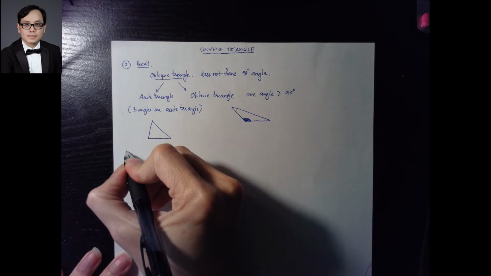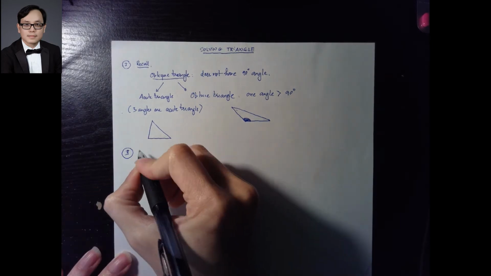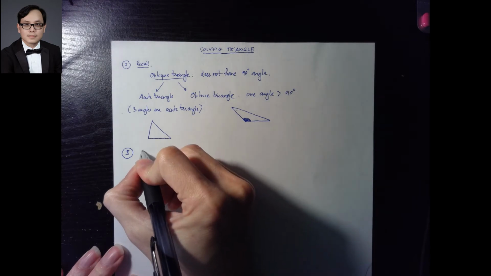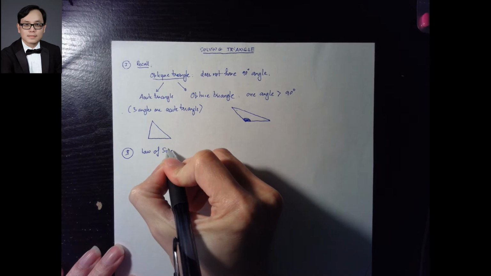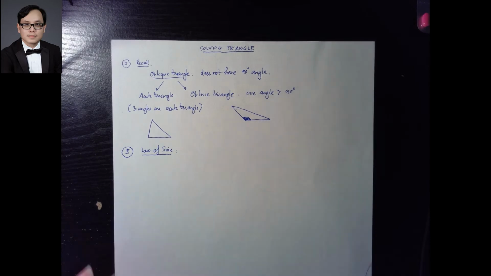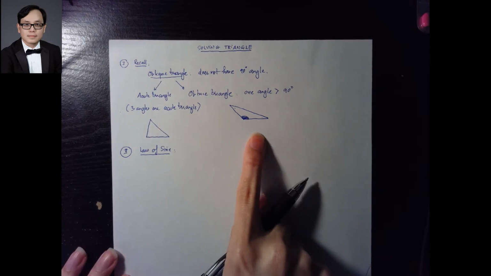So on the second part of the lecture, I want to talk about the law of sines. We cannot use the trigonometric ratios anymore, because this is not a right triangle. So the law of sines will be used to solve an acute triangle or an obtuse triangle.